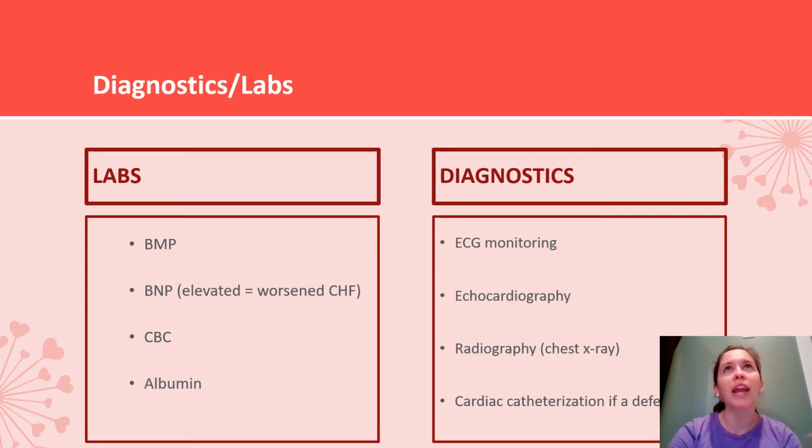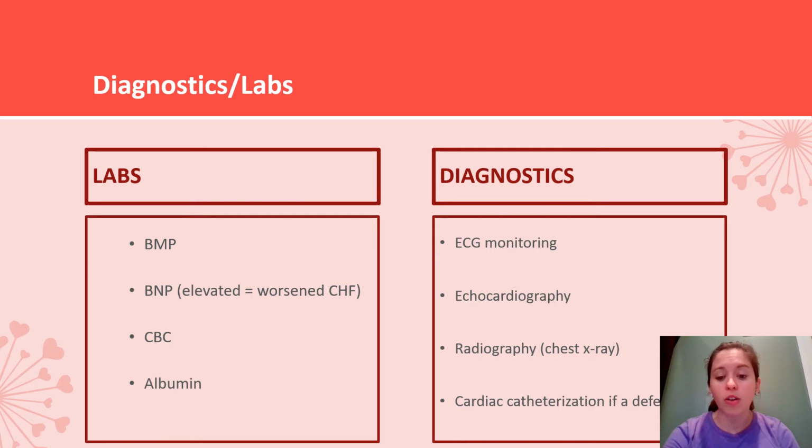Some diagnostics that we typically get with these patients, definitely an EKG. Now again, we're talking about anatomic dysfunction or anatomic defect problems. So an EKG probably isn't going to give us that much information. It's just going to give us a baseline. And we can check this EKG over time to make sure they're not having electrical changes, maybe from like electrolytes imbalancing.